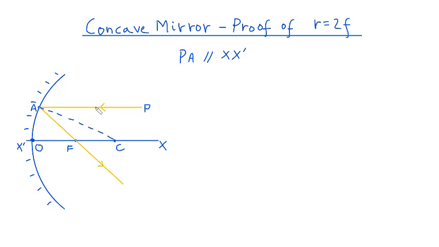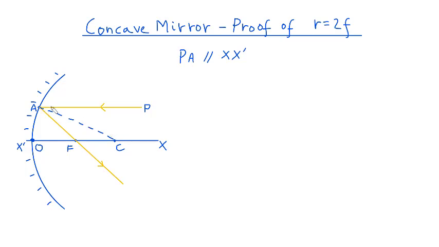And we know that such rays, when they reflect off the mirror at this point A, the reflected ray will pass through the focal point of the mirror. Okay, like this.